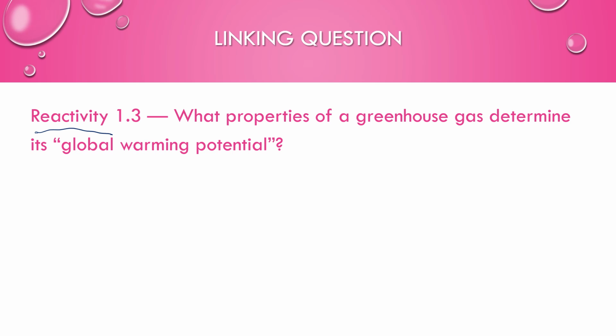So the longer it sticks around and doesn't break down or change into other gases, the more it has a global warming potential, because it can continue to have effects on the atmosphere, continue to absorb infrared radiation. So the length of time that the molecule sticks around in the atmosphere is going to also impact the global warming potential of that molecule.